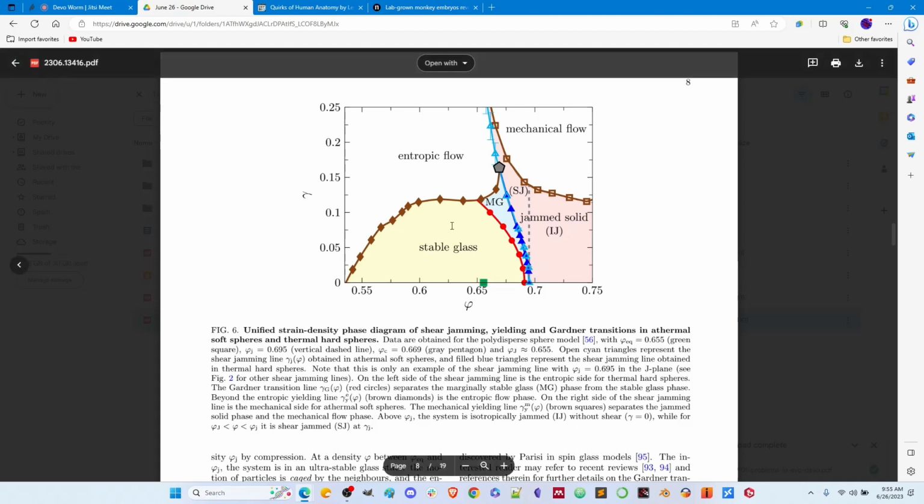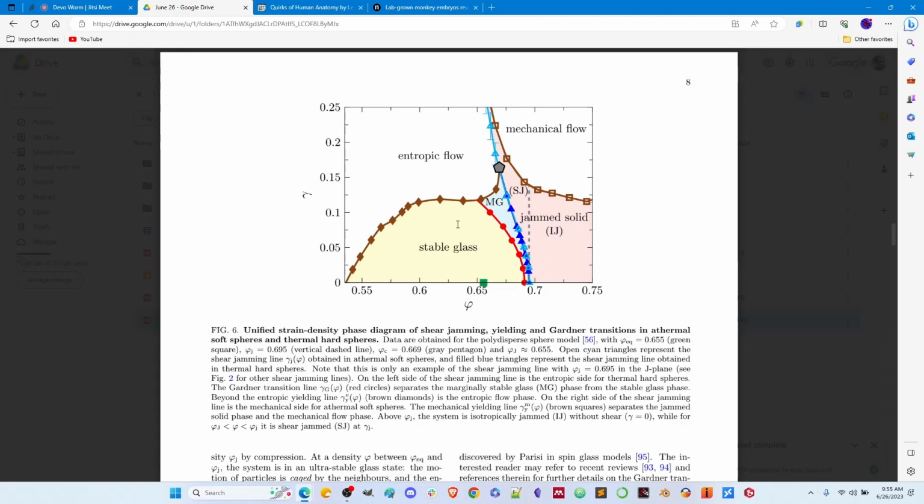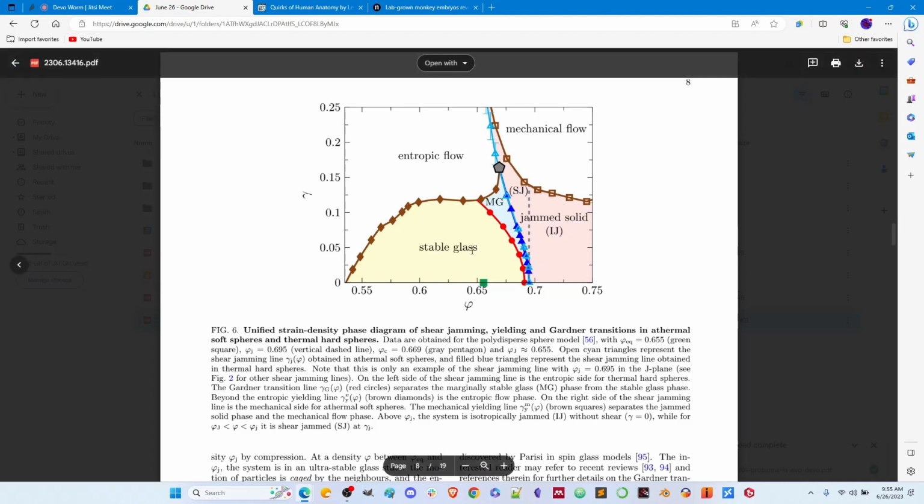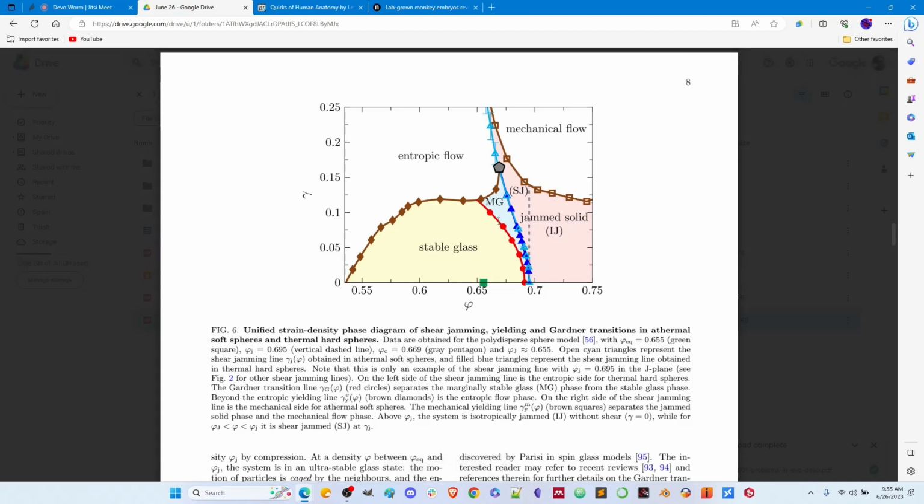These show the different states that you get. You get entropic flow. Here you get stable glass in this region. You get a jam solid here. You get mechanical flow here. And then there are these intermediary states: Mg is marginally stable glass, and Sj is shear jammed.